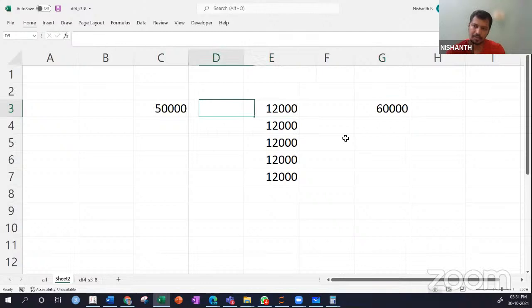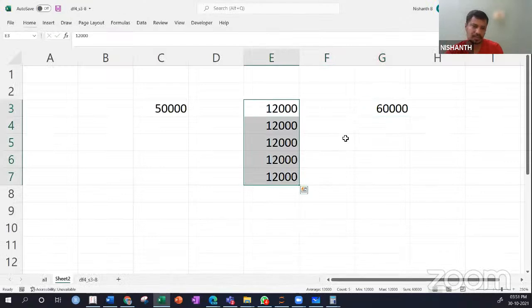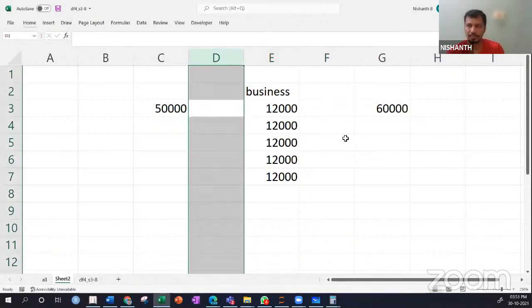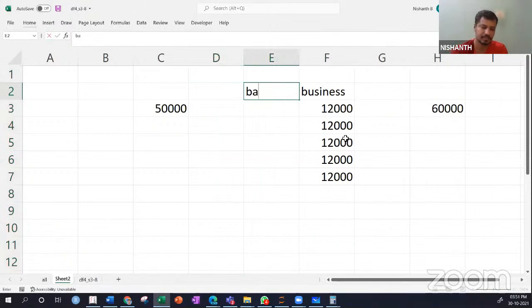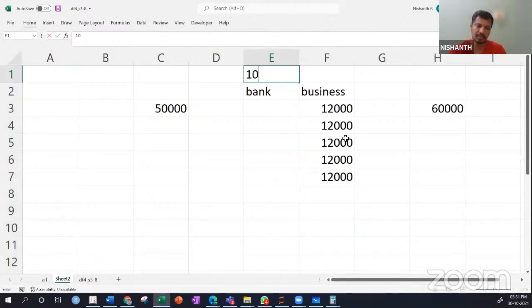I said that you are giving 50,000 now and you are getting 12,000 in the next 5 years. So let's calculate the present value of these 12,000. Who is giving this? This is given by business, right? Now there is a bank. Assume borrowing cost is 10%. So the bank is giving you 10% interest.